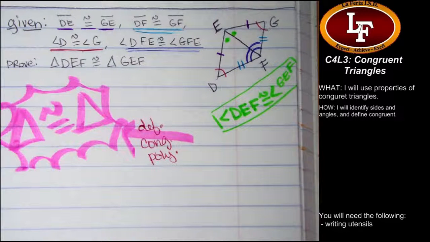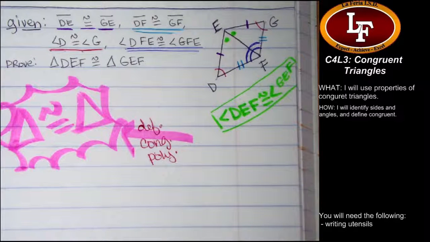I have two triangles and they have two angles that are congruent to each other. What's that the setup for?